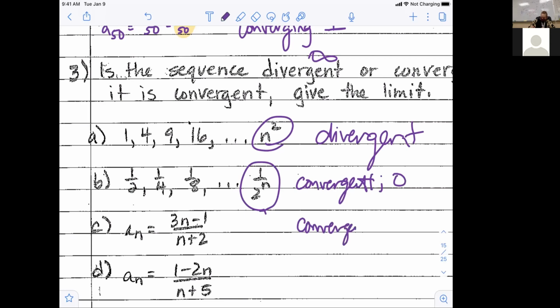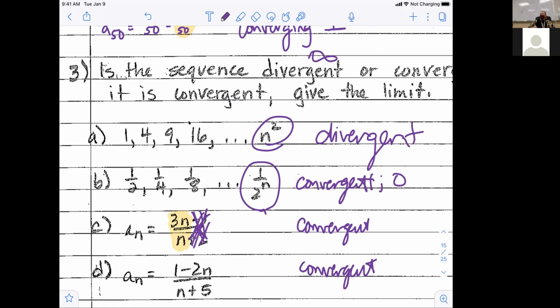Now, what we know from this is what they converge to. The fraction helps me know what I'm converging to. I want you to only look at the variable and its coefficient. So I've got 3n minus 1 over n plus 2. Ignore the things that you're adding and subtracting, because as I get bigger and bigger, it doesn't matter if I'm minusing 1 or adding 2 to it. It's still a really big number.